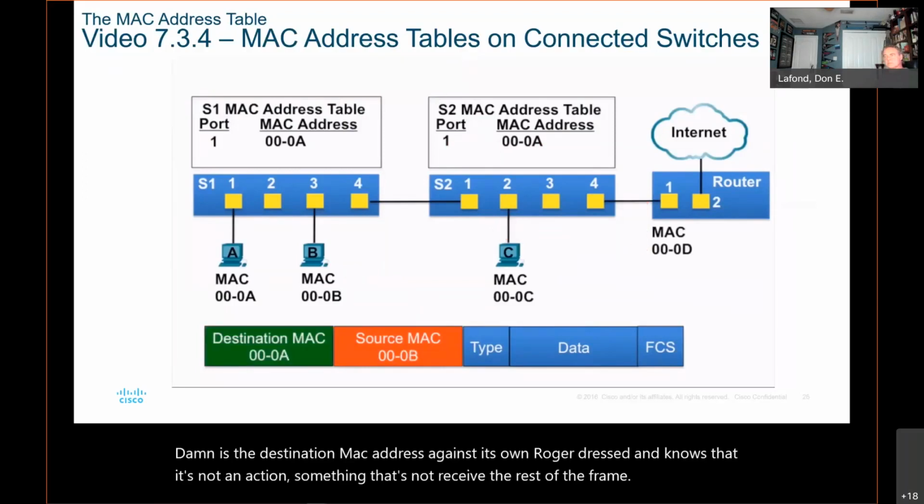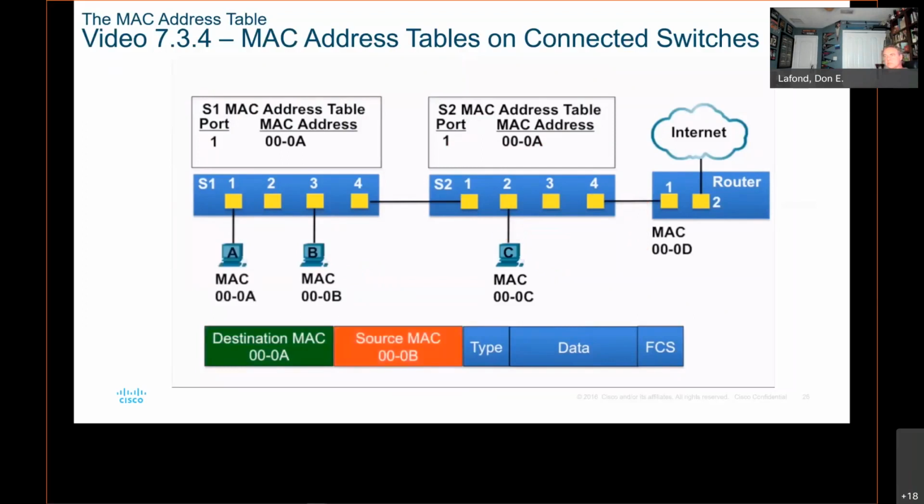Now let's have PCB sending a frame back to PCA. The source MAC address of the frame is 000B, and the destination MAC address is 000A. PCB sends it to switch S1. S1 notices that the source MAC address is not in its MAC address table, so it adds the MAC address and the incoming port number.